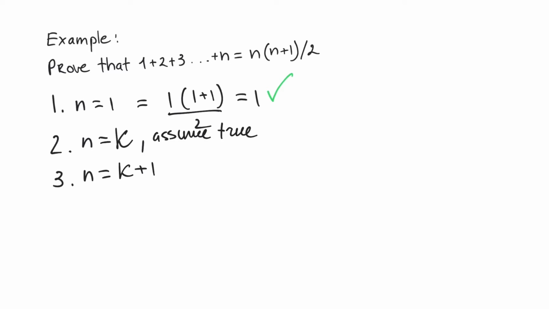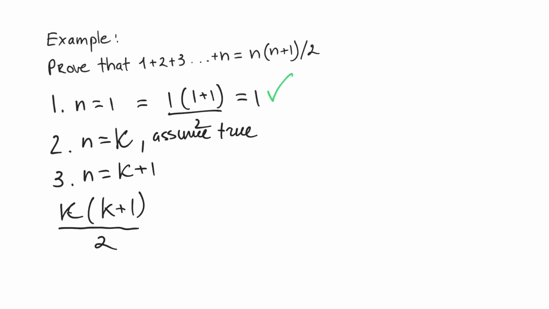Now, how do we do that? First, let's write our k statement on the right-hand side. So we have k times k plus 1 divided by 2.